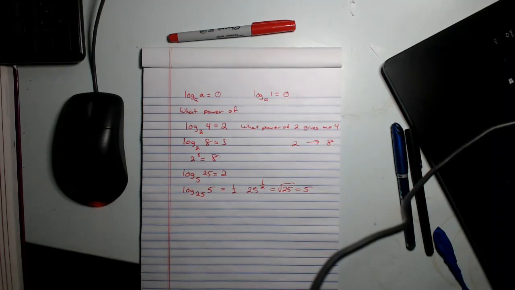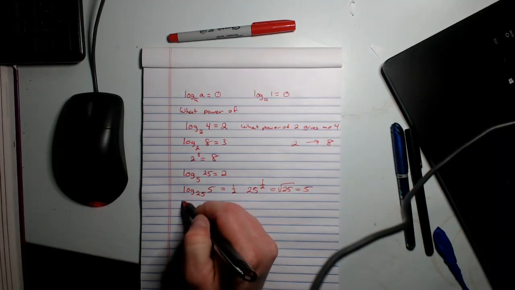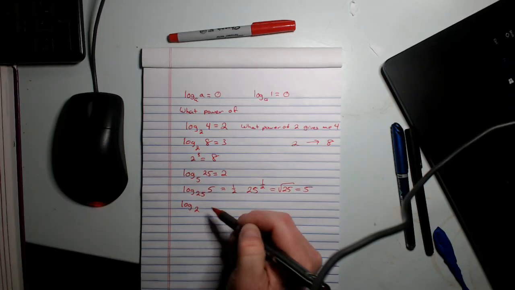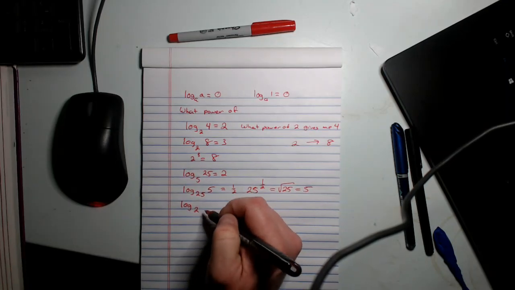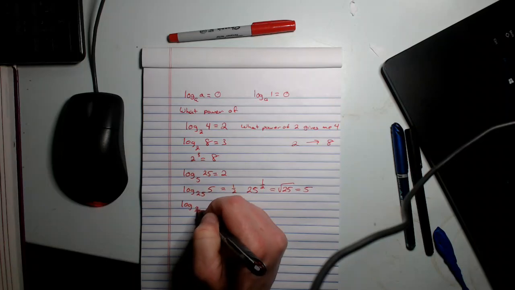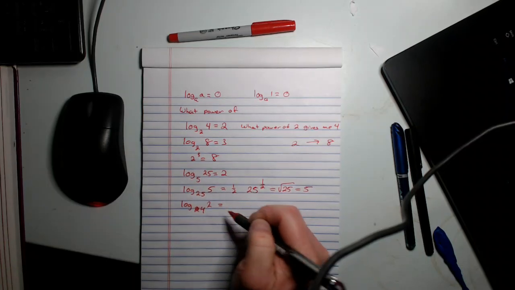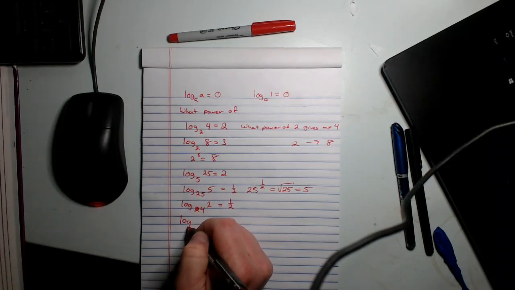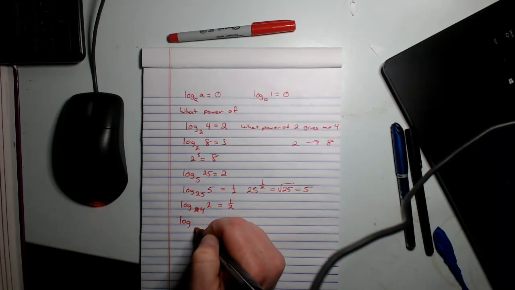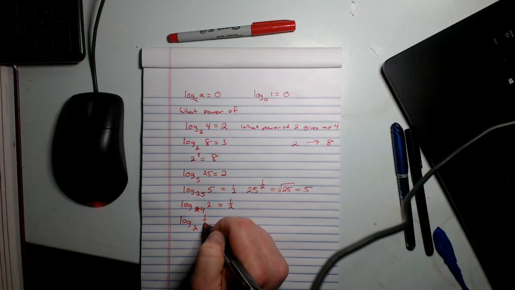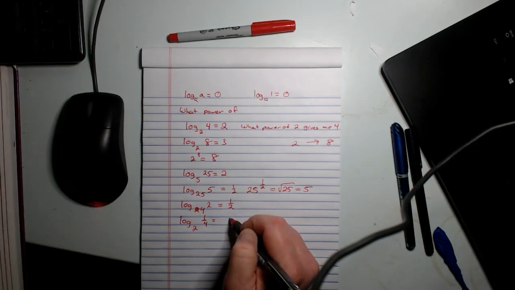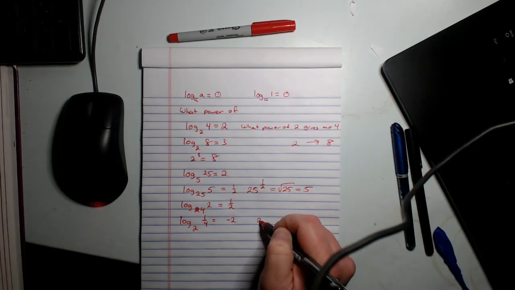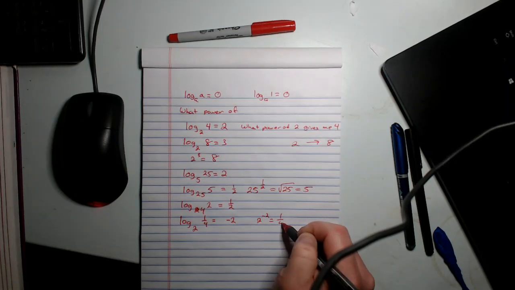That's equal to 1/2. You can do negative numbers as well. What power of 4 gives me 2? That's going to be the square root. Or you can do, as I said, a negative number. What power of 2 gives me 1/4? This would be negative 2, because 2 to the negative 2 is equal to 1/4.